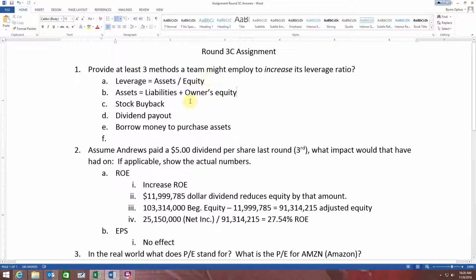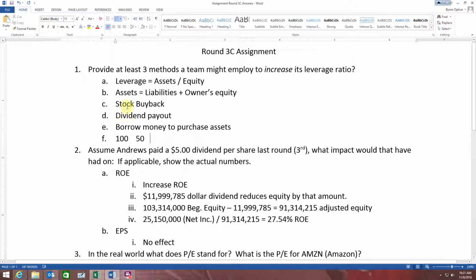But if you go down by equal amounts, it's going to increase the ratio, right? If we start with $100 say in assets, and $50 in equity, we've got a ratio of 2 to 1, right?